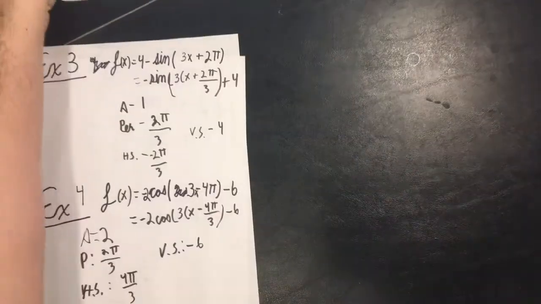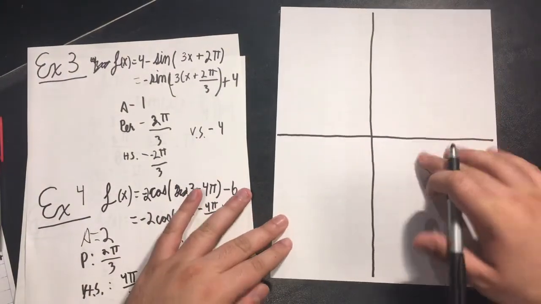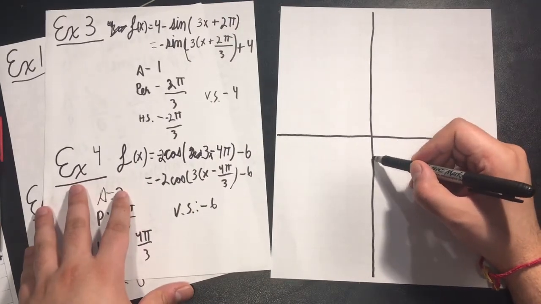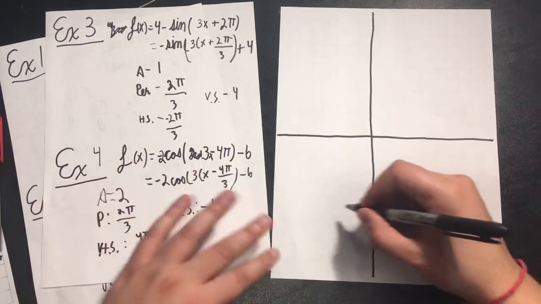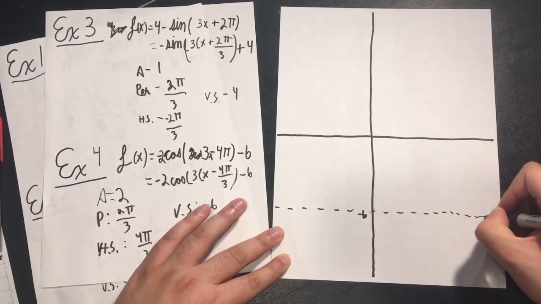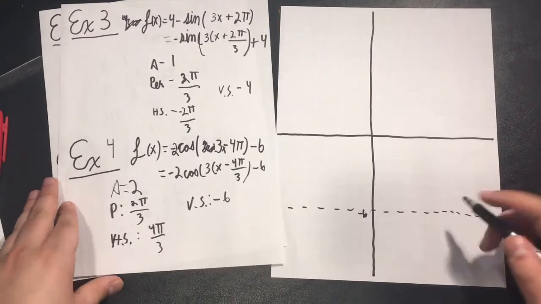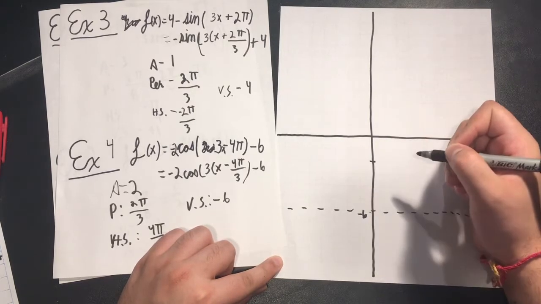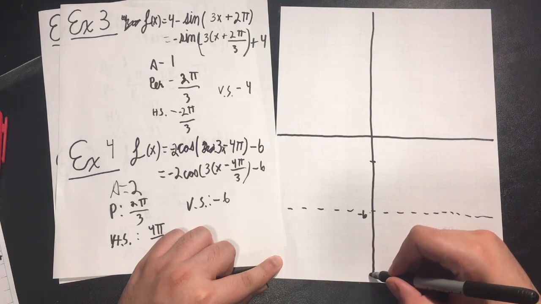And lastly, our vertical shift is negative 6. Now let's graph this final function. So we start off with figuring out where our midline is. Right there, at negative 6. We then look at our amplitude to find our maximum and minimum, right? 2 plus negative 6 gets us right here. And then negative 6 minus 2 gets us right here.